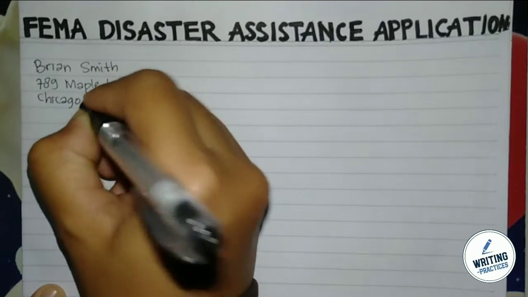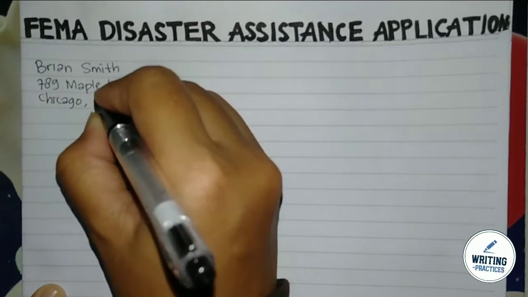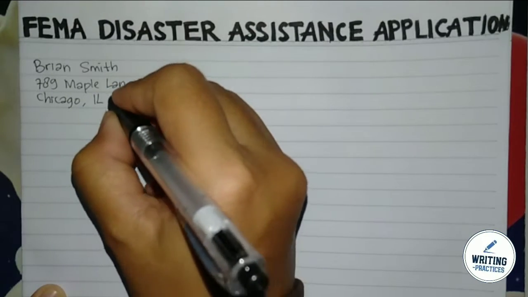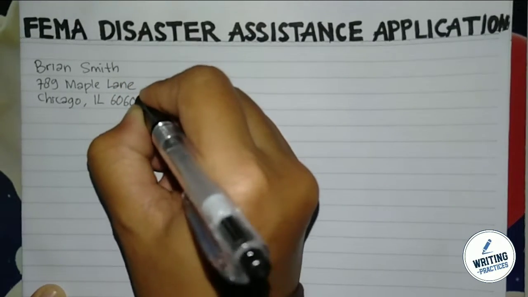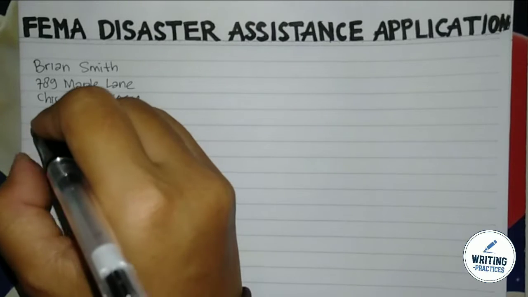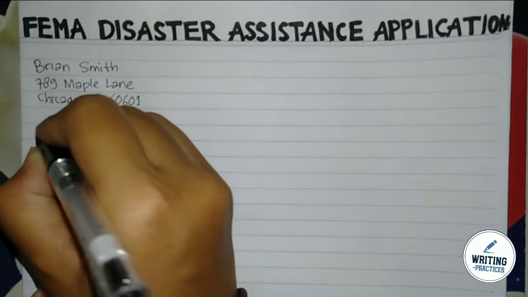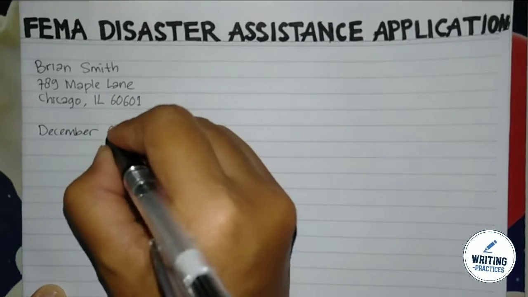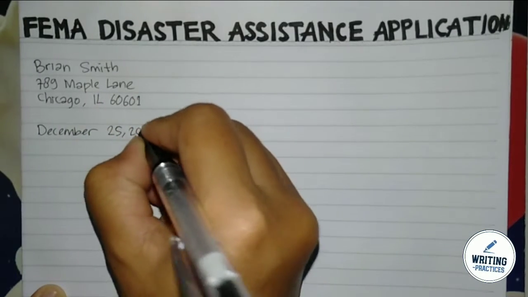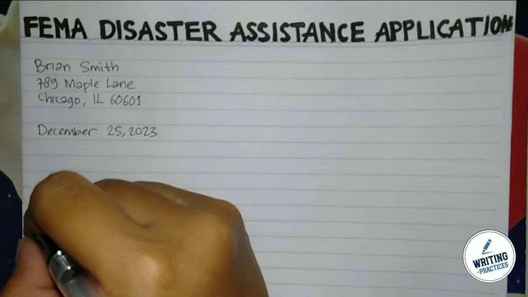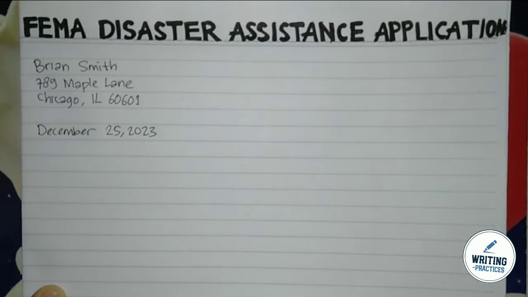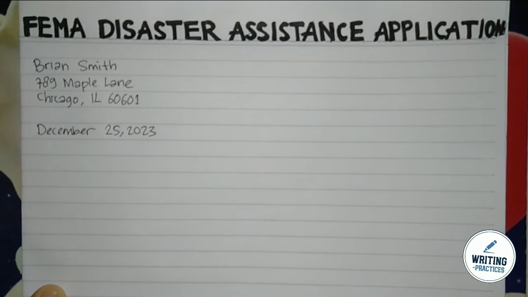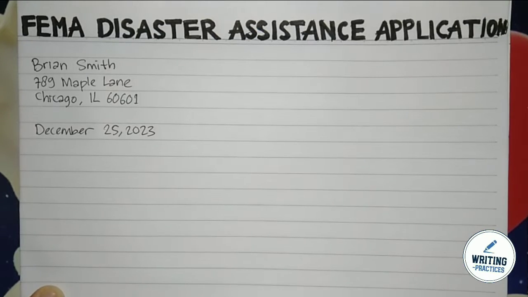This letter serves as a formal application for FEMA disaster assistance, and typically includes the applicant's personal information, a description of the disaster's impact on their property and belongings, and the specific types of assistance they are requesting. It is an important step in the process of applying for federal disaster assistance, as it helps FEMA assess the needs of the affected individuals and determine eligibility for various types of aid, such as grants for temporary housing, home repairs, or other disaster-related expenses.